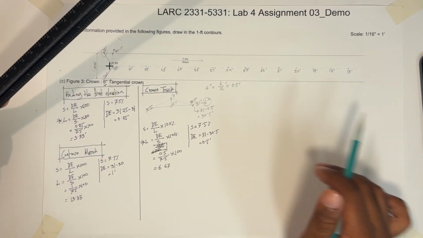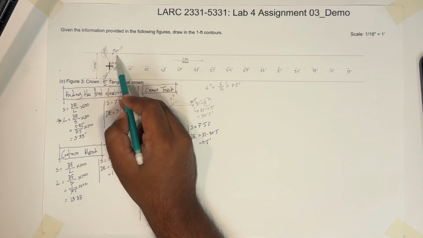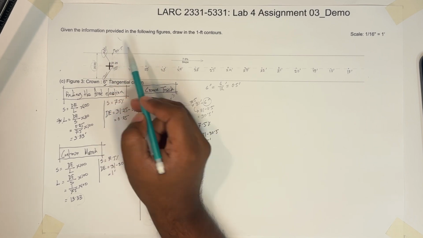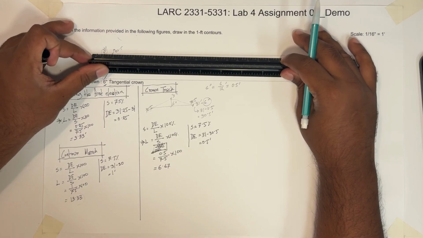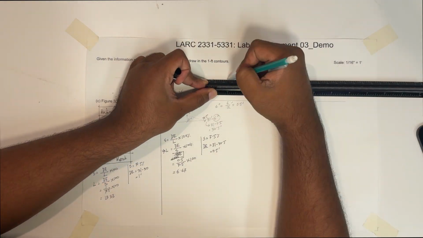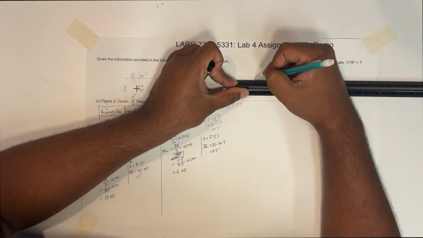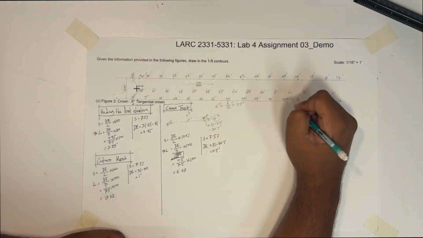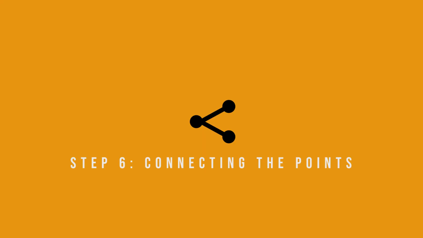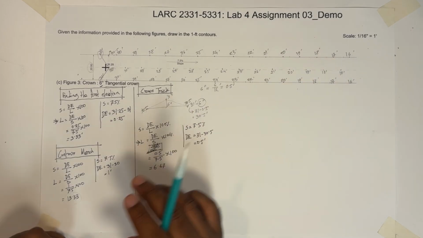I'll create more points with 6.67 difference. So I'll speed this part up. So with that, we are done with the part 2 of the contour march on the edge of the road.